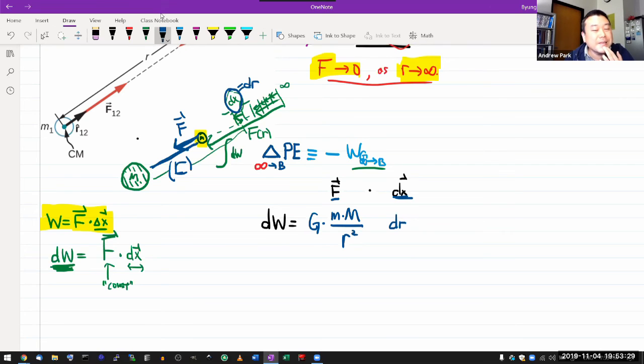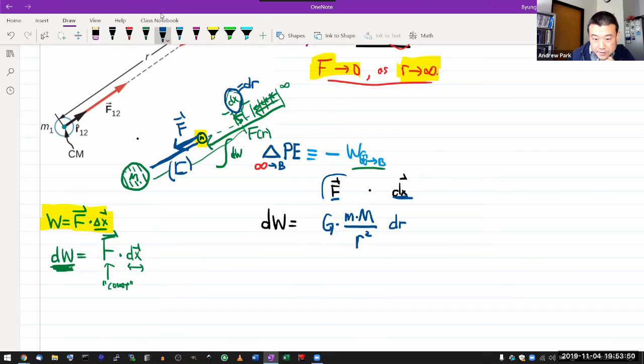I think what I need to do is look ahead to where I'll be actually expressing this integral. So I have some sense of how this dot product should go.